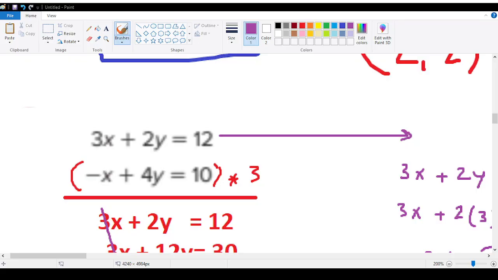You need to multiply the first equation by what? 7. No, minus 7. Okay? If you multiply it by minus 7, you can cancel out because they are not opposite signs. Okay? Yalla, start doing that.